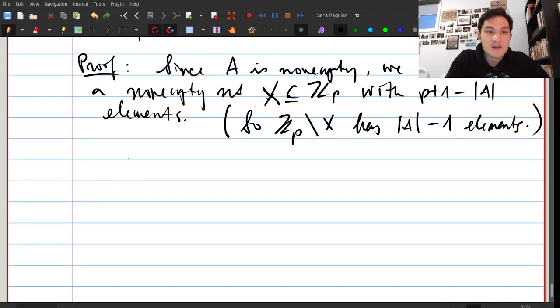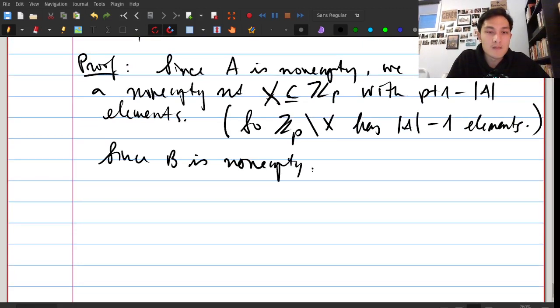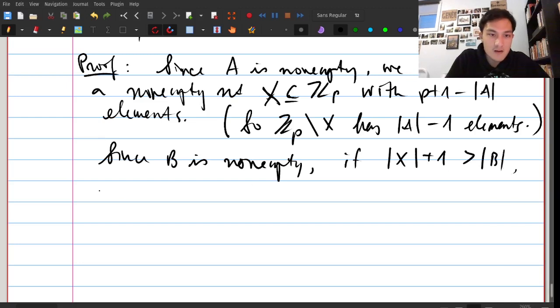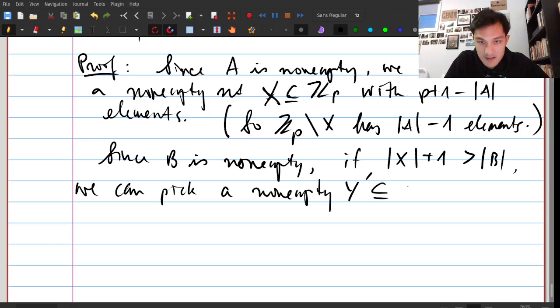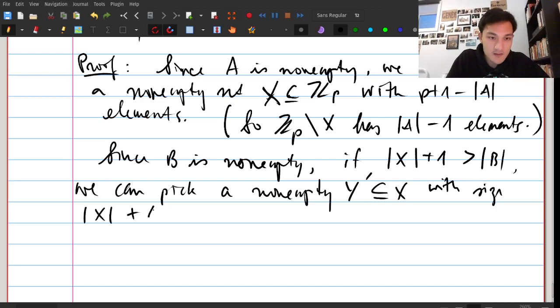Now, since B is non-empty, if the size of X plus 1 is greater than the size of B, we can pick a non-empty Y prime inside X with size of X plus 1 minus the size of B elements.